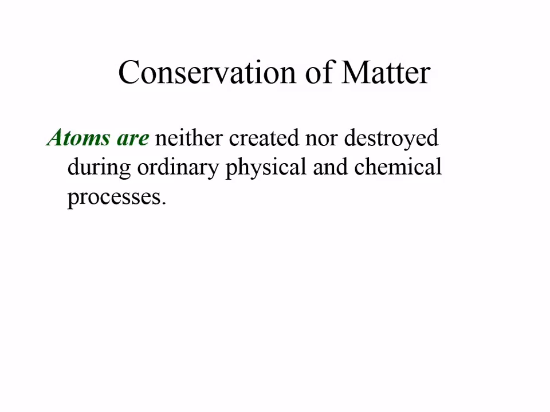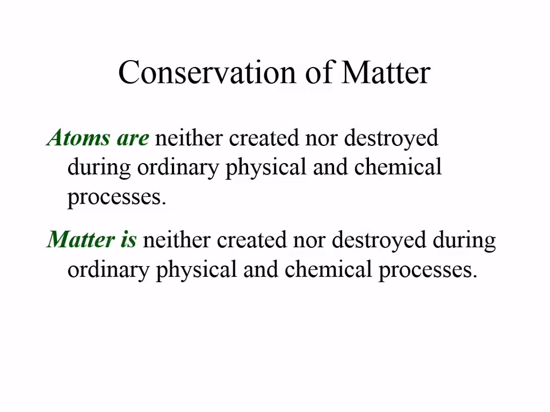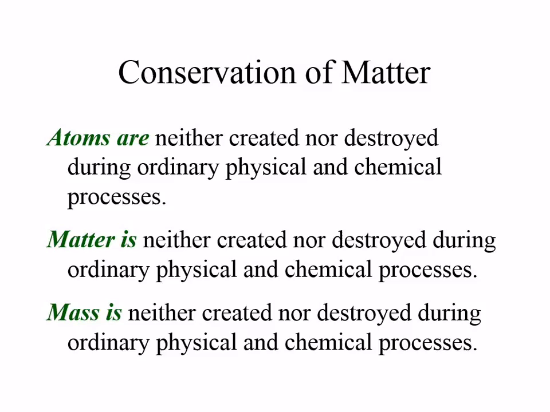In fact, some of you are familiar with balancing chemical equations, which we will do. We're going to count on this fact. The atoms that you start with are the atoms that you end with. So that's kind of nice. Matter is neither created nor destroyed during ordinary physical and chemical processes, and mass is always conserved. So they're all kind of saying the same thing: conservation of matter.